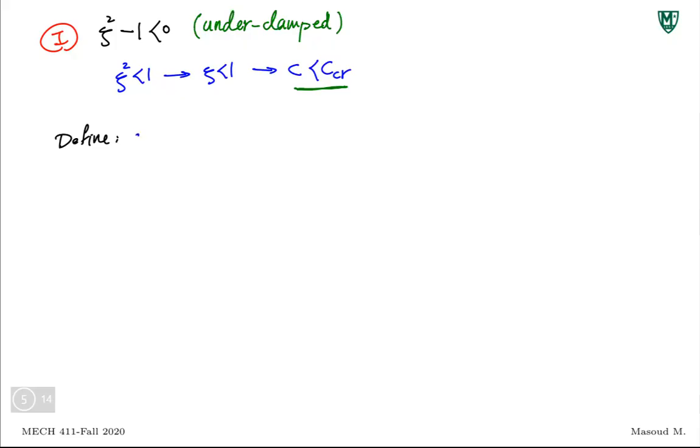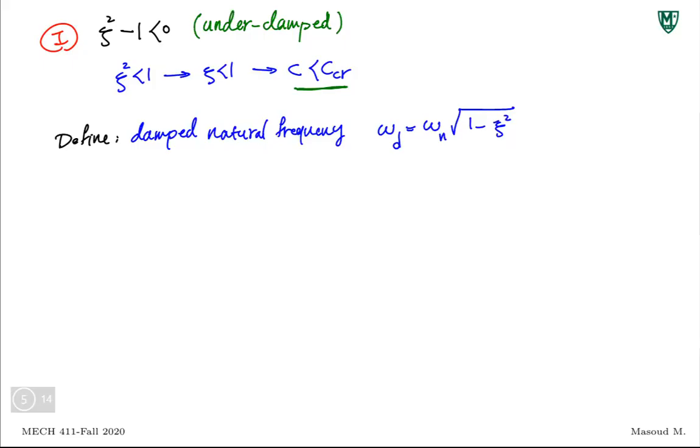We already had natural frequency before. Damped natural frequency, which is specifically for systems that are underdamped, or when C is smaller than C critical, we show with omega d, which is omega n square root of 1 minus zeta squared.